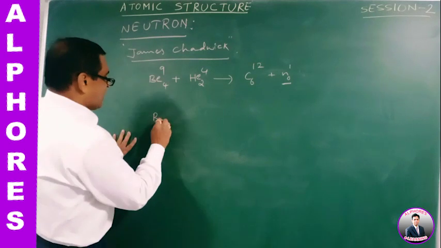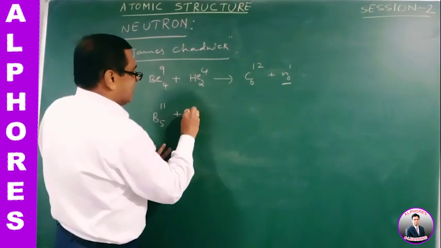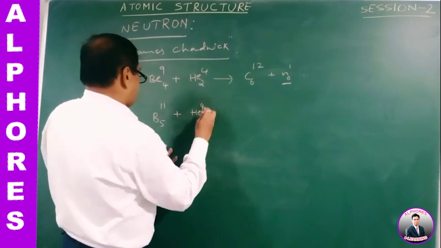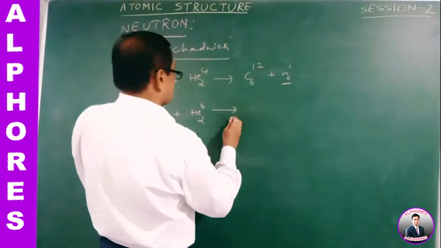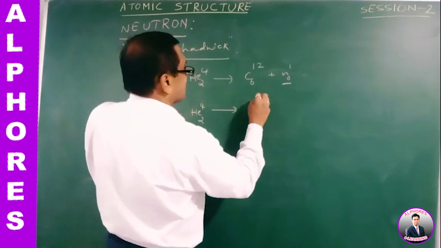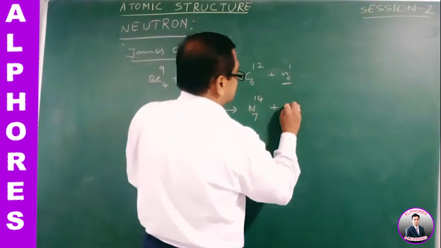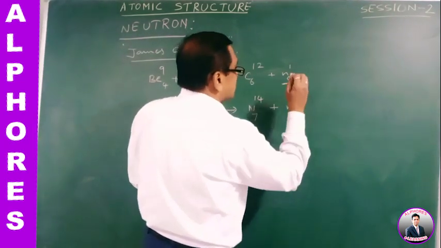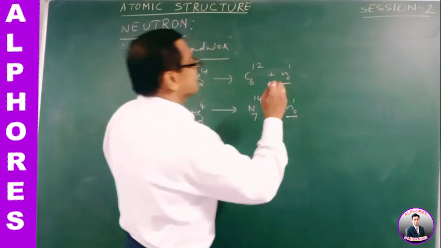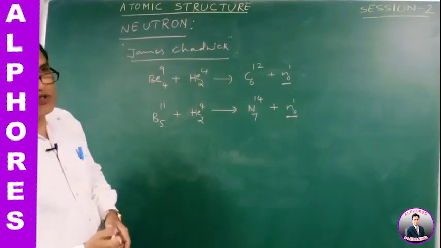Similarly, boron-11 is bombarded with an alpha particle. This produces a product nuclide, nitrogen-14, and the ejectile particle is a chargeless unit mass particle, that is a neutron. That is the discovery of the neutron according to James Chadwick.